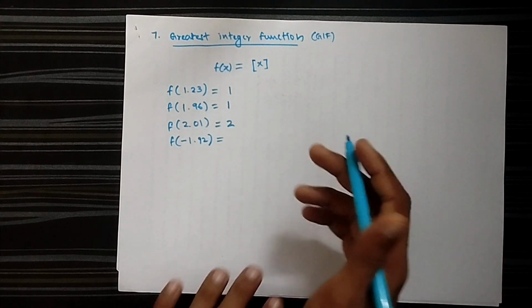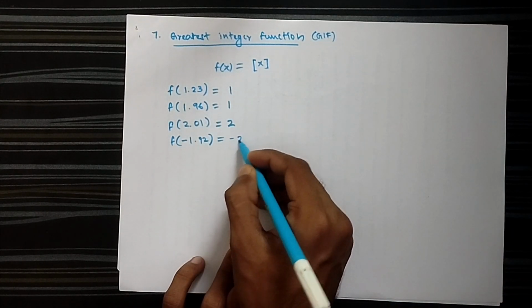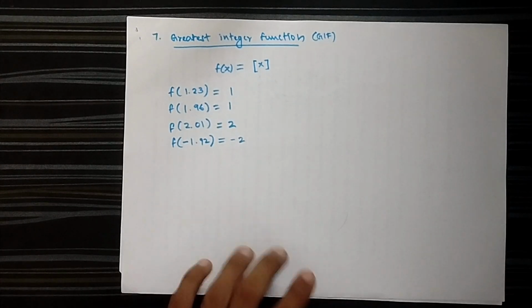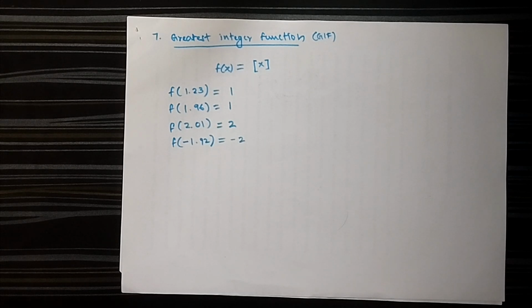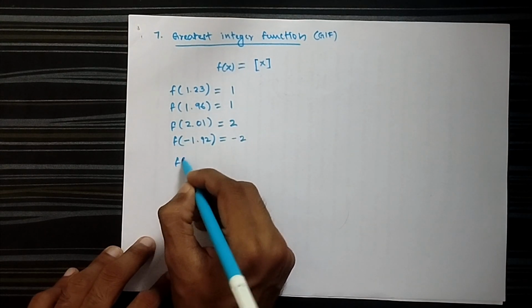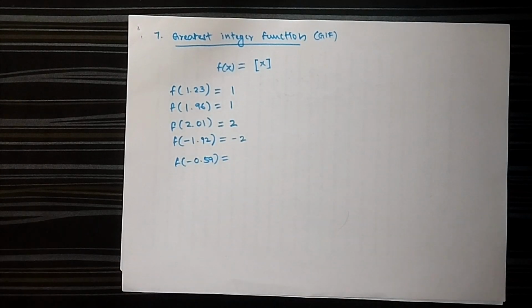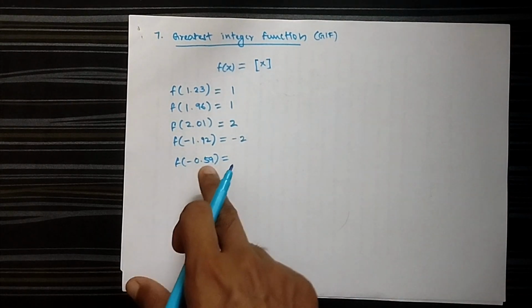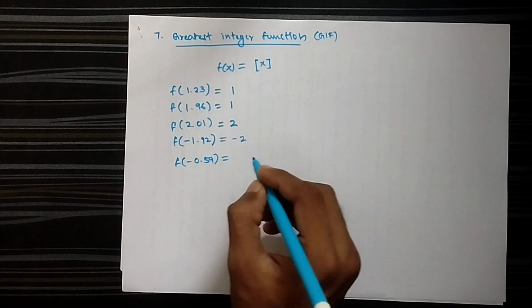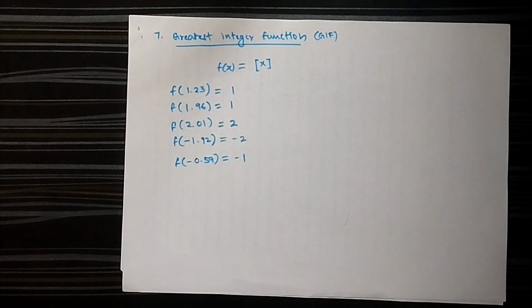Because -2 is less than -1.92. So -2 would be the answer. I'll do another one. f of -0.59. Here the answer would not be 0 because 0 is greater than -0.59. So the answer would be -1.